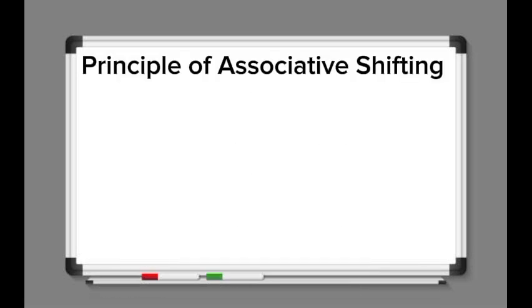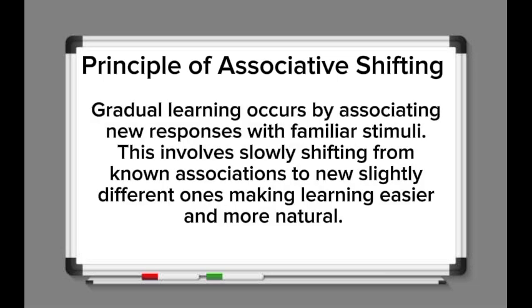Next is the principle of associative shifting. Gradual learning occurs by associating new responses with familiar stimuli. This involves slowly shifting from known associations to new, slightly different ones, making learning easier and more natural. Say, for example, for pupils to solve three-digit numbers, pupils must first master solving one-digit and two-digit numbers. As they solve increasing numbers, pupils tend to associate the response to the previously paired stimuli and response.